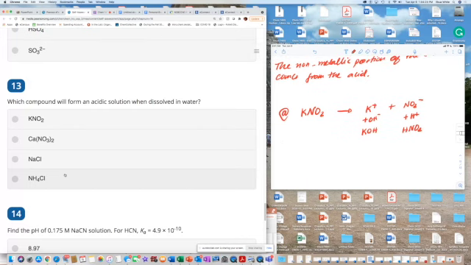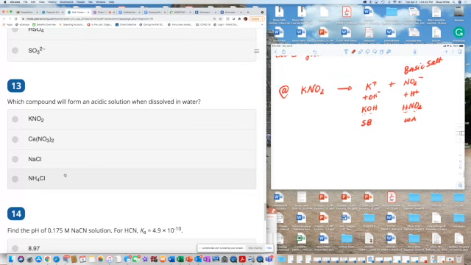Then I have to judge, what kind of base is this? Strong base. What kind of acid is this? This is not one of the six. One of the six strong acids is HNO3, weak acid. So this is not our answer because this will give a basic salt.